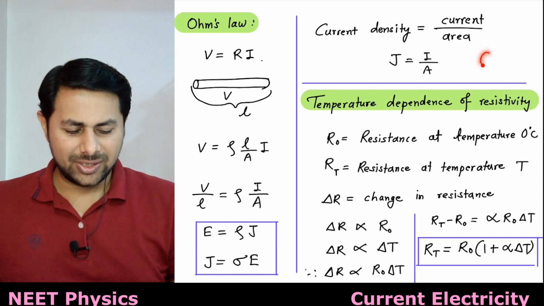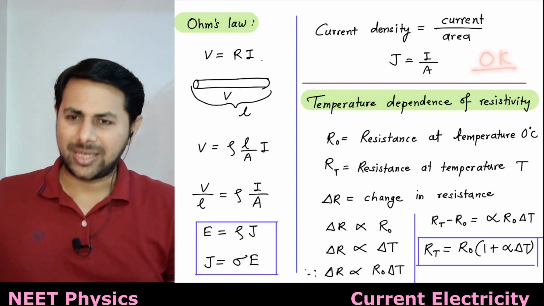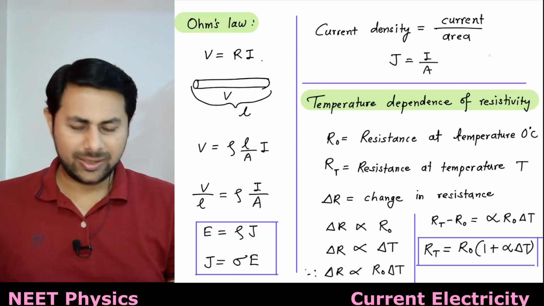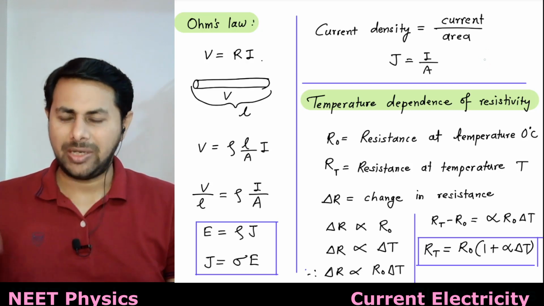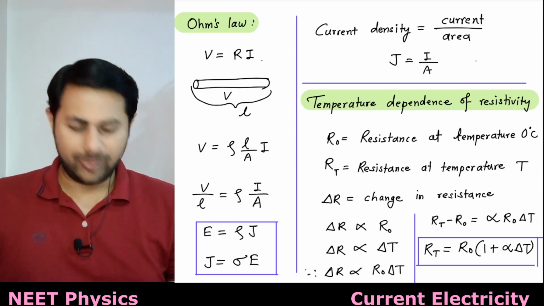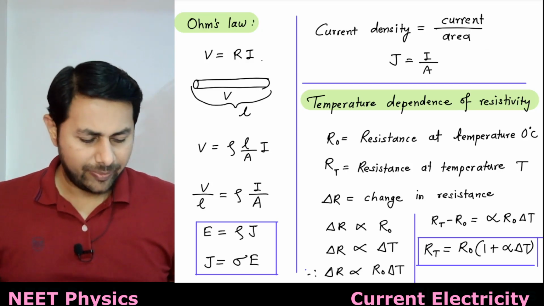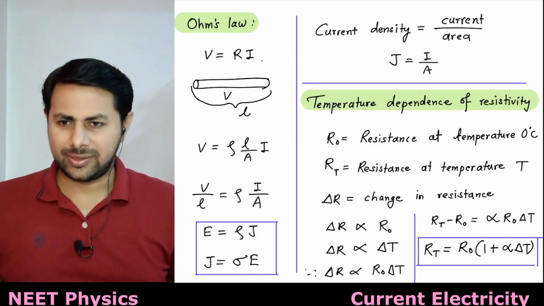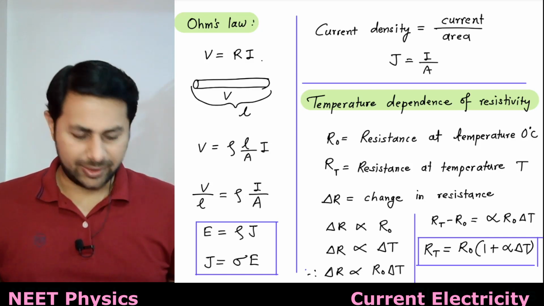At 0 Kelvin, none of the electrons are available for conduction, so it acts like an insulator. When you increase the temperature, the electrons become available for conduction, and that's why the conductivity will increase. That means resistivity will decrease.